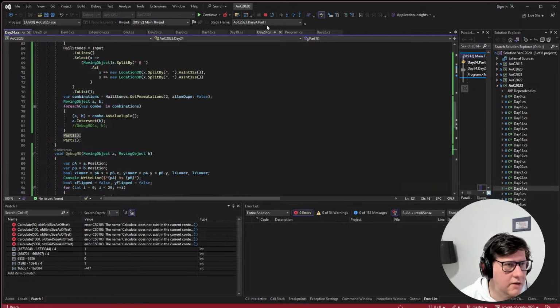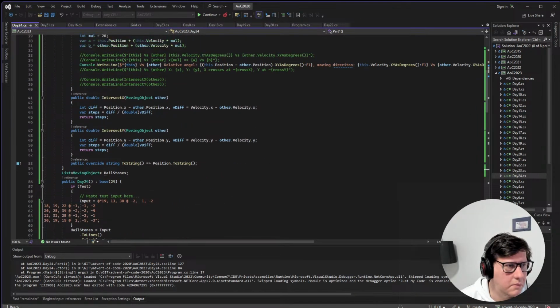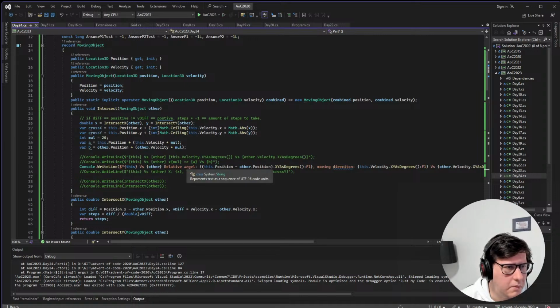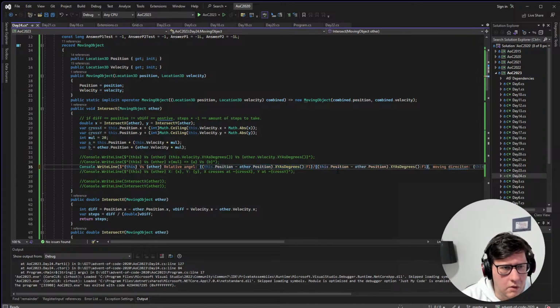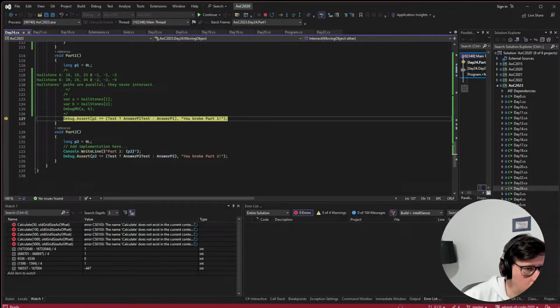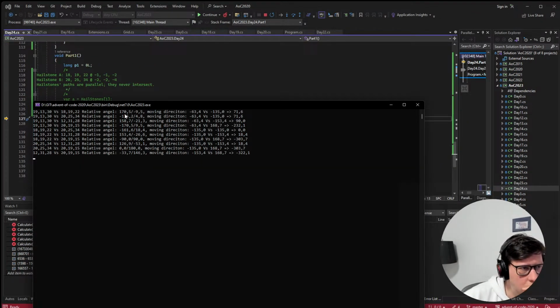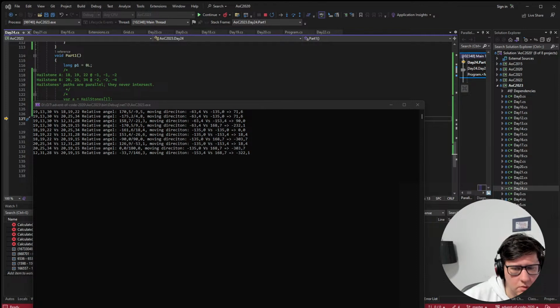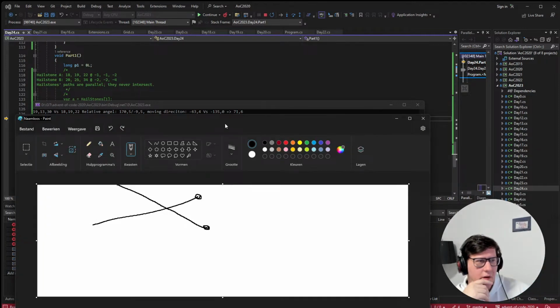Let me add the inverse there as well. Keep needing to think about this one.